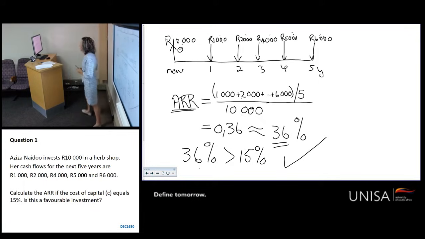Our next method brings into account the exact amounts, and not only the 1,000, 2,000, 4,000, but we move all those inflows as well as the outflow to the same date. So the time value of money concept is what we're applying here, and then we do the comparison.